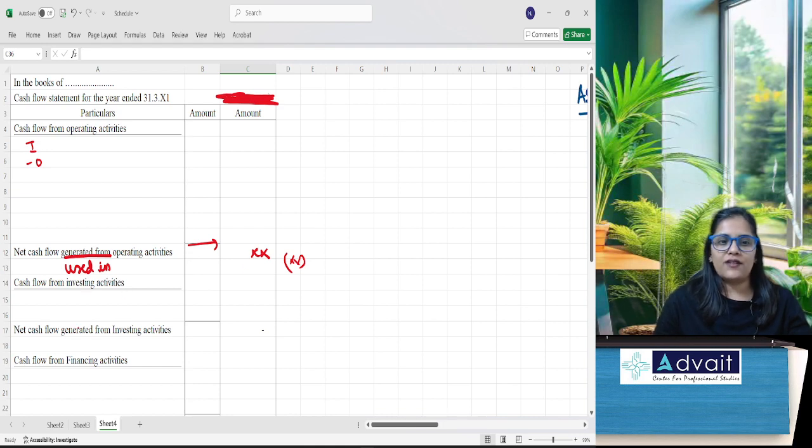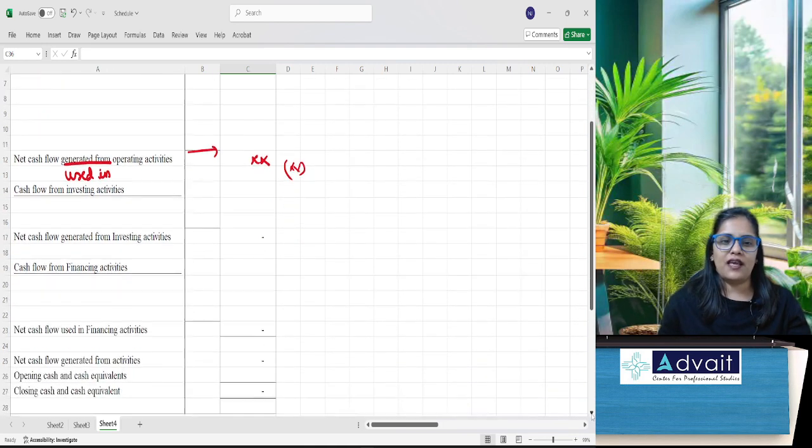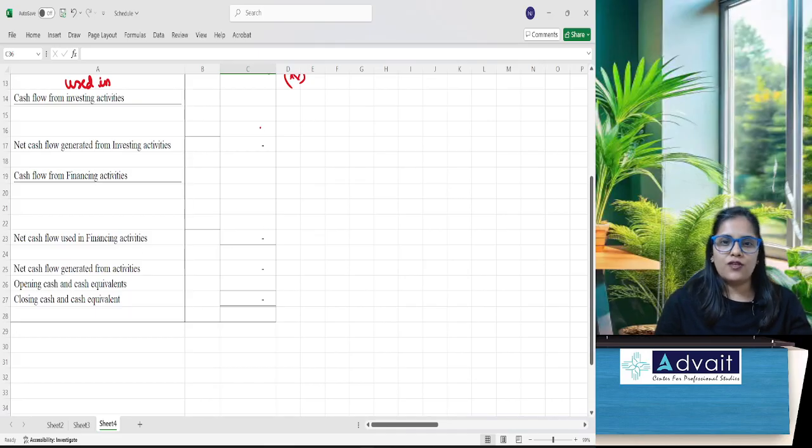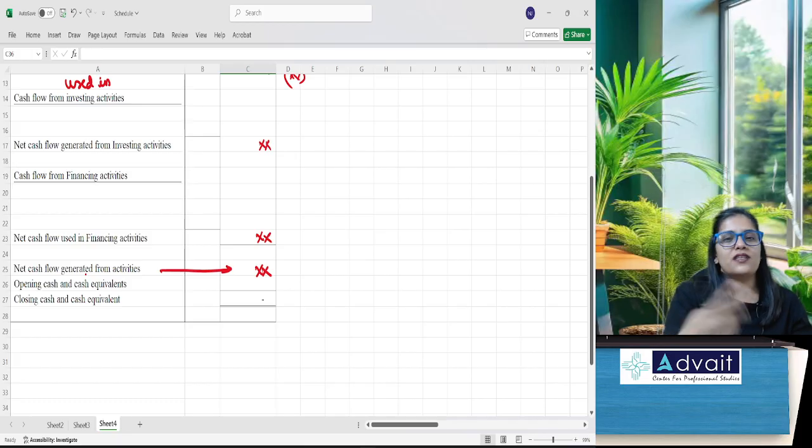Same way with investing activity and financing activity. Once you get these three figures, you add or minus them and you get net cash flow generated from activities. If it is negative, we write net cash flow used in activities. You add opening cash and cash equivalent and arrive at closing cash and cash equivalent.